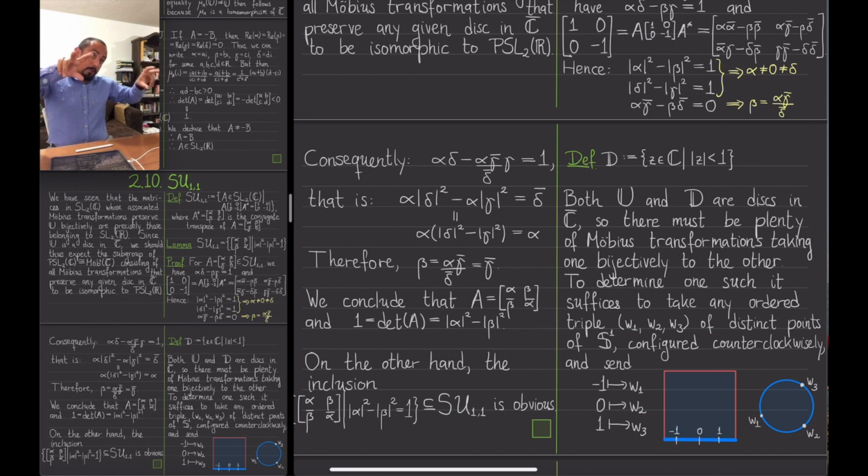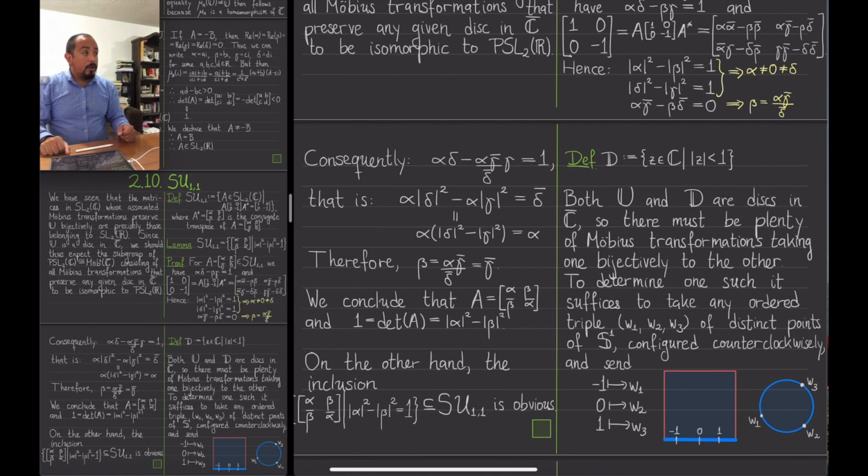And then once I have those two triples, just compute a matrix whose Möbius transformation sends one to the other, right? And this tells me that there must be plenty of Möbius transformations that send U bijectively onto D.